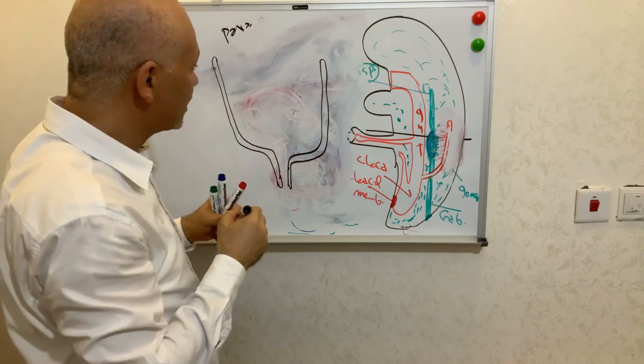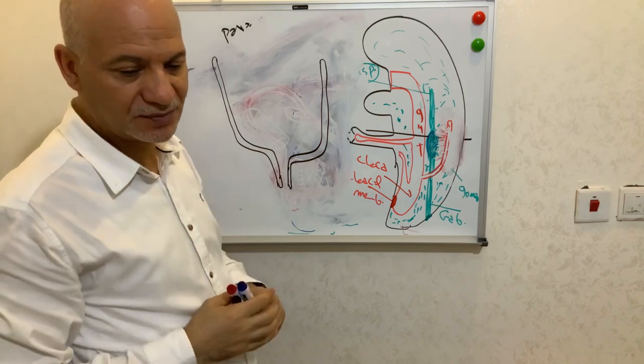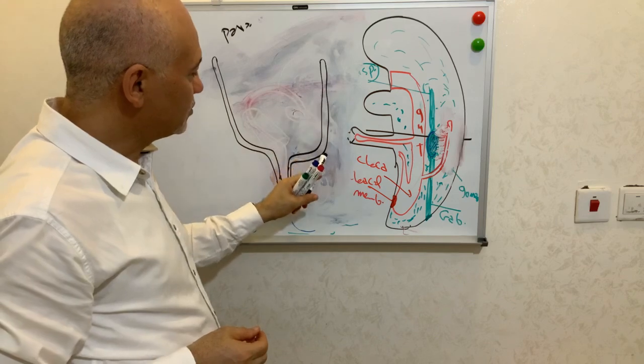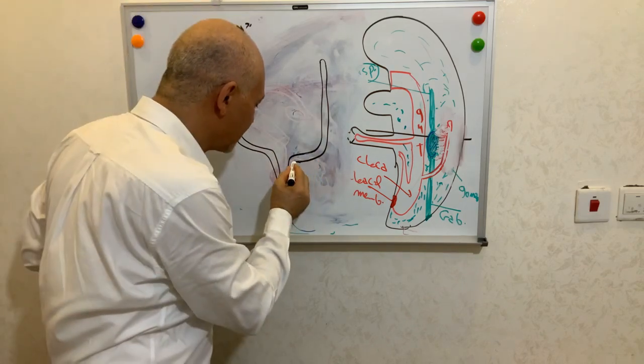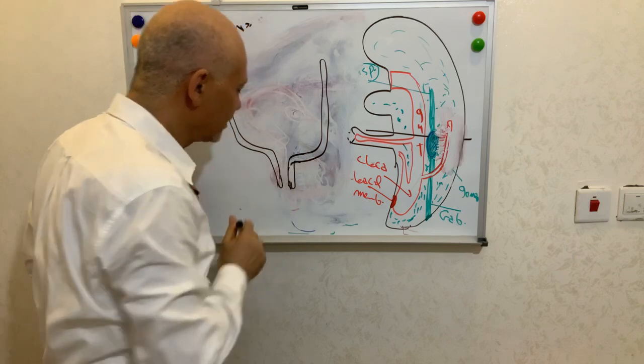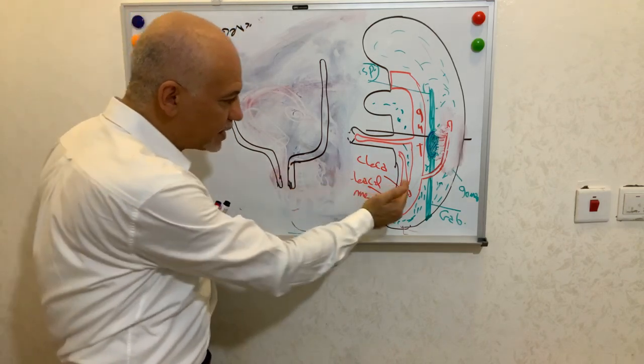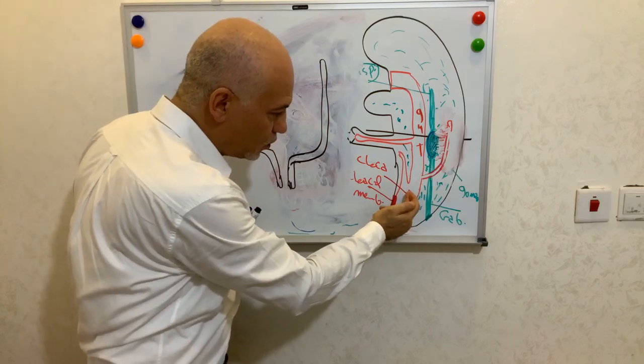The para-mesonephric duct or Mullerian duct is formed of three parts: vertical part, horizontal part, and another vertical part. These two vertical parts are present in the back here of the urogenital sinus.